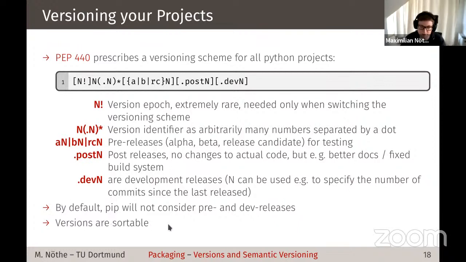By default, if you just use pip to install a package, it will not consider these alpha, beta, release candidate, or dev releases. You will only get the stable versions if you do pip install something. You have to add a special flag to allow these special versions for testing. The most important thing about these versions is that they are sortable. There is a clear rule for how you can say that one version is newer than another.